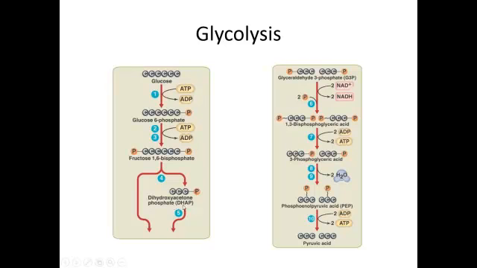To continue with glycolysis, we need to change this DHAP into a G3P, and that requires moving a hydroxyl group and switching it with a double bonded oxygen. What kind of enzyme would do that? You got it, an isomerase. So we end up with 2 glyceraldehyde 3-phosphates, 2 G3Ps.